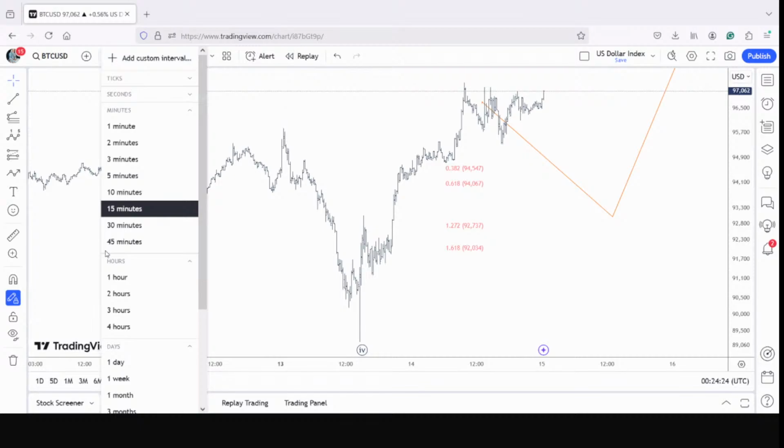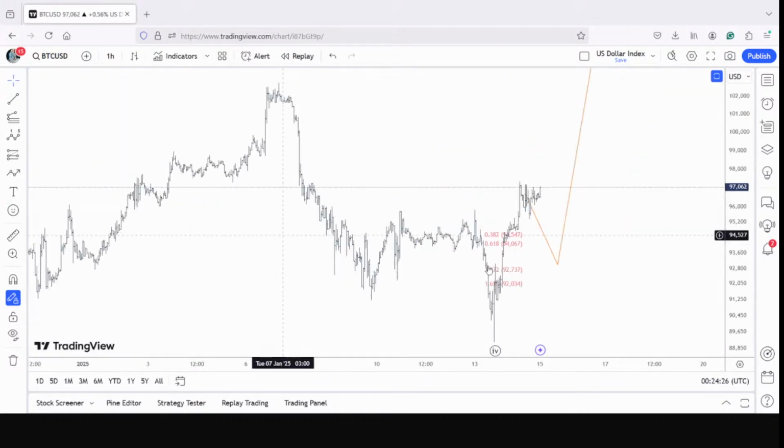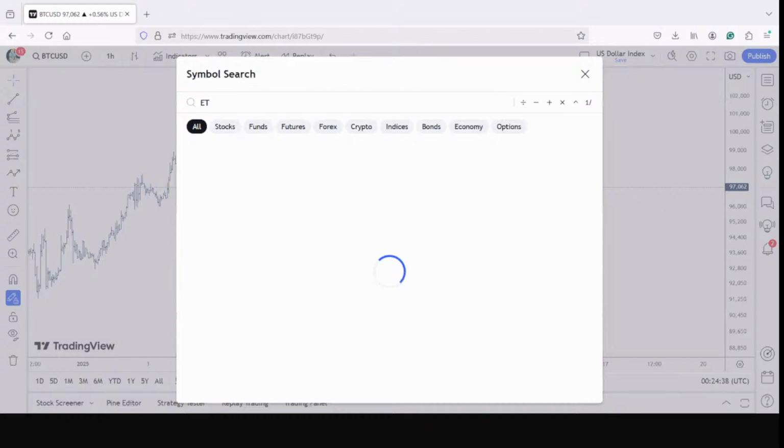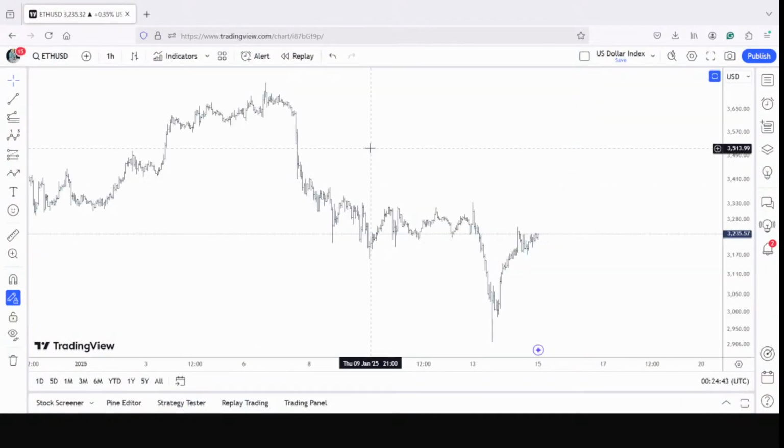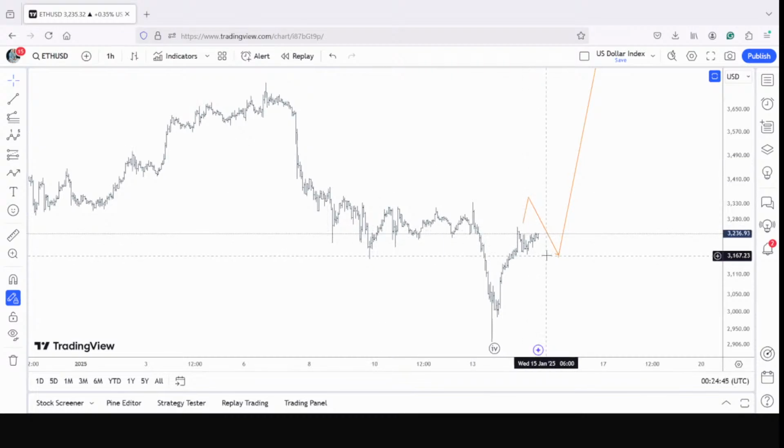The next move is projected towards 92, 93. So hold on to your guns if you're not on the trade. Maybe we'll get a better entry around 92, 93. Okay. Ethereum should be on the same lines. I think it must have taken the resistance out, or not yet, but it's okay.